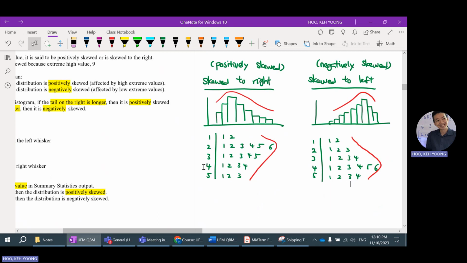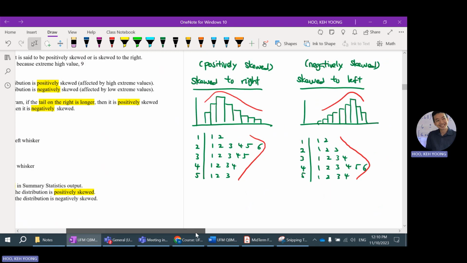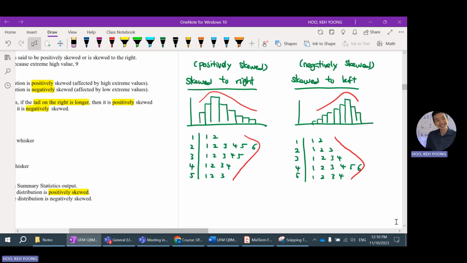Okay, how about box plots? If it's skewed to the right, box plots will have something like this, so you have longer whiskers to the right.